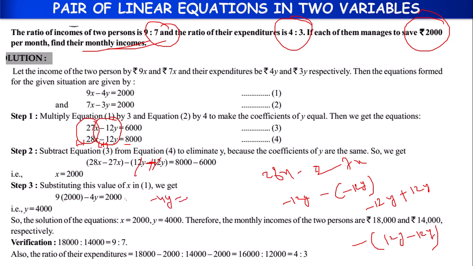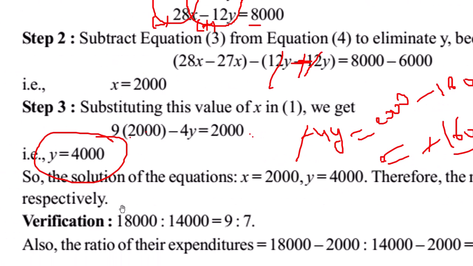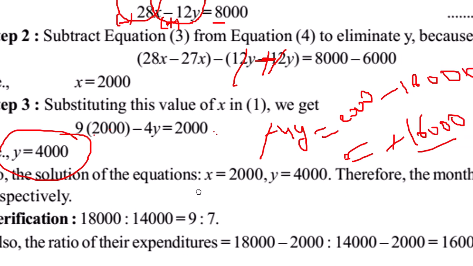So minus 4y equals 2,000 minus 18,000, which equals minus 16,000. Minus cancels. 4 comes downside, so 16,000 by 4 equals 4,000. So the y value is 4,000. So x we are getting 2,000, y we are getting 4,000.